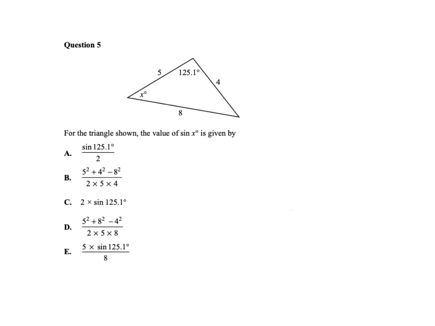So let's go and do this question here. It says, show that the value of sine X is given by... So here they're catching you out that you can't just solve. There are also programs on your calculator where you can just type in all the data and it'll tell you every bit of the triangle. But they know this, so they're catching you out with this.